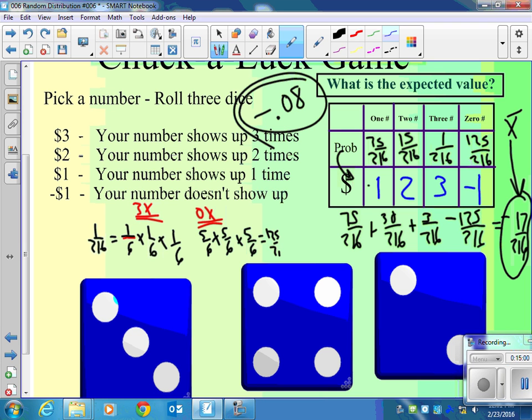Now, how does this apply to life? How many of you are 18? Have you bought a scratch off yet? Take one of those cards, and you go to the back of the gas station. They have a little chart of all the probabilities and how many cards there are. So what you do is you take those probabilities, multiply by how many cards there are, and then multiply by the value and add those up.